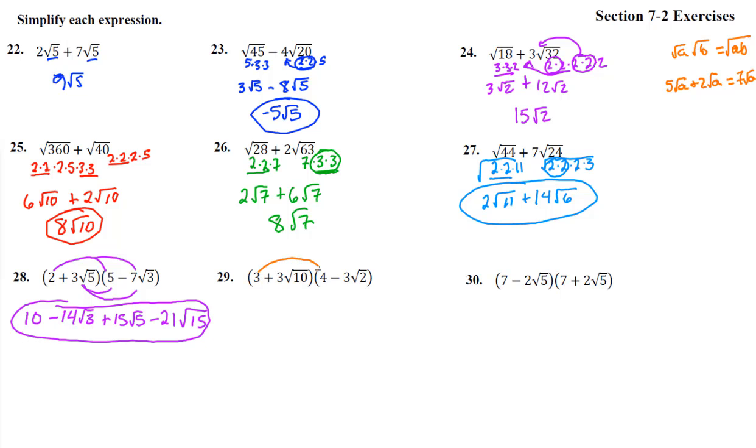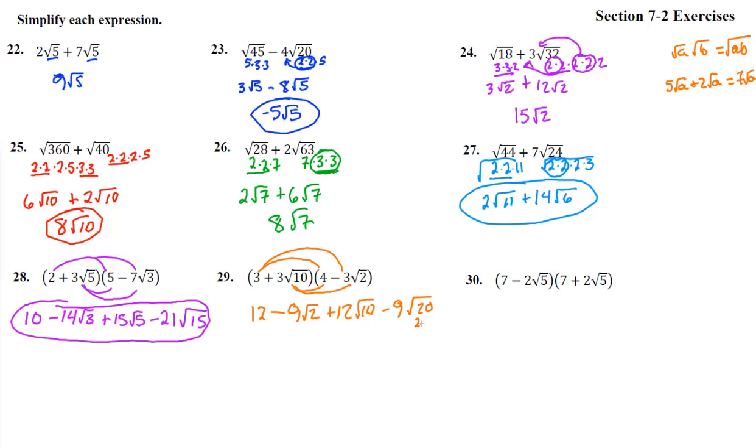Okay, so 3 times 4, that gives us 12 minus 9 square roots of 2 plus 12 square roots of 10 minus 9 square roots of 20. Oh, can any of these simplify down? Square root of 2, no. This is 2 times 5, so we don't get a perfect square there.